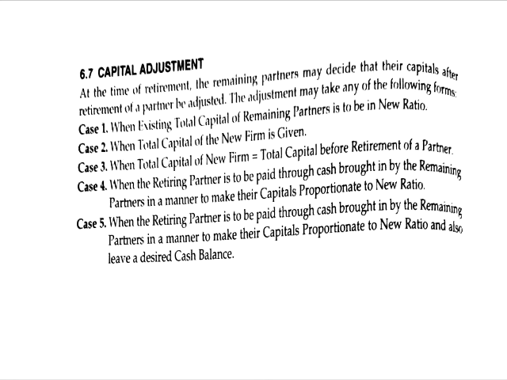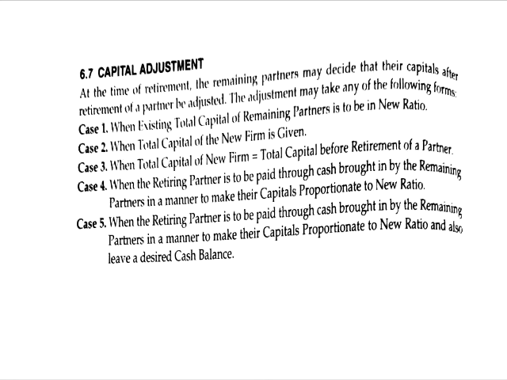Here the thing is that if suppose there are 3 partners A, B and C, A's adjusted capital is coming 1 lakh, B's adjusted capital is coming 80,000, and C's adjusted capital is coming suppose 50,000.